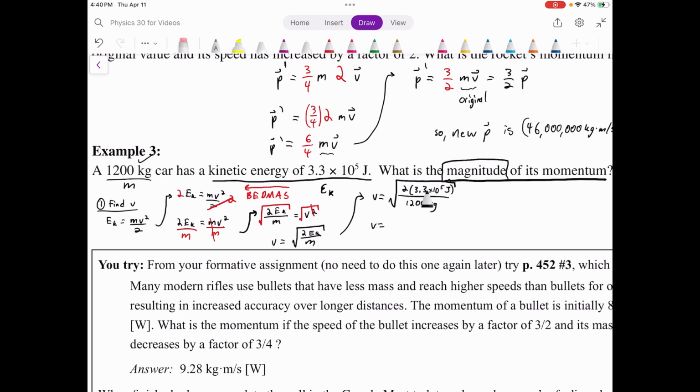That's the capital E on most calculators to do times 10 to the power of 5. So I would do 2 times 3.3 E5, divide by 1,200, and then square root all of that. When I did that, I got 23.4521 meters per second.